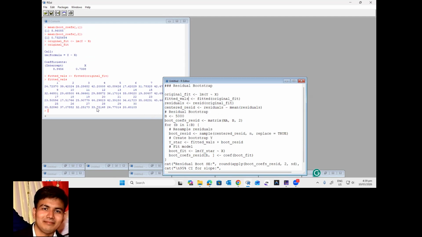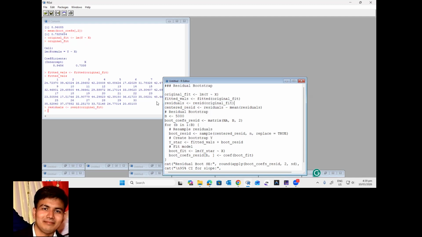Now, after that, we find out the residuals of the original fitted model. It will provide us epsilon i minus epsilon i cap.